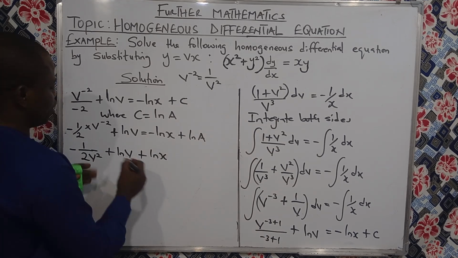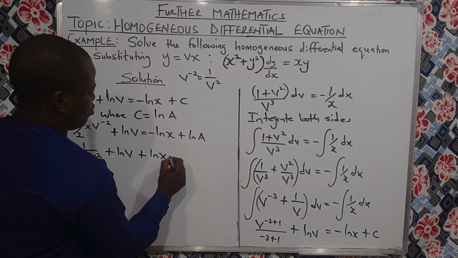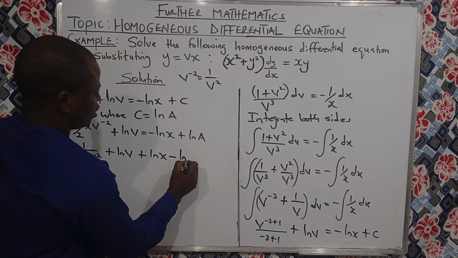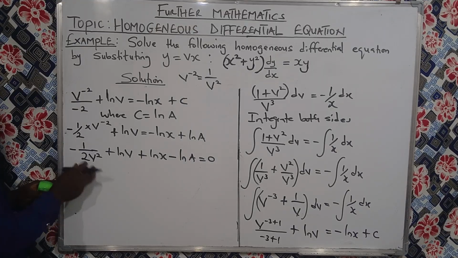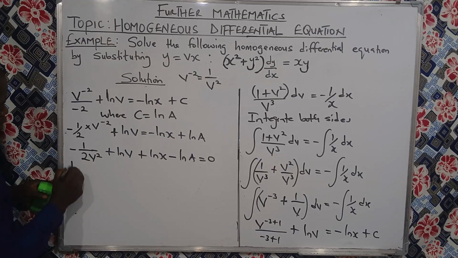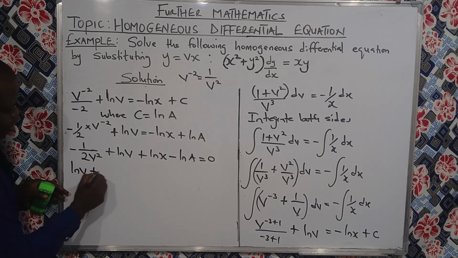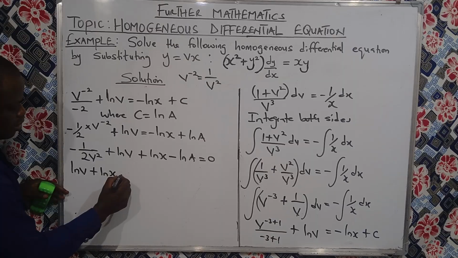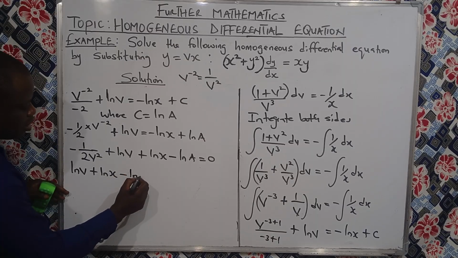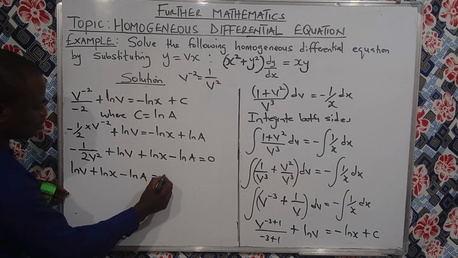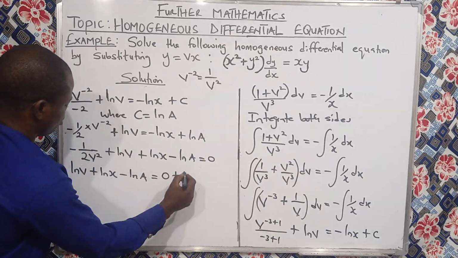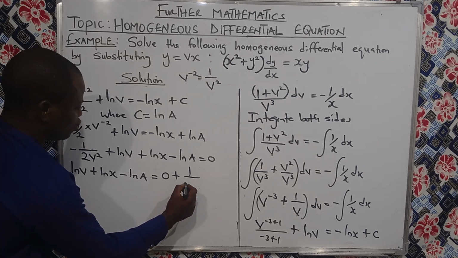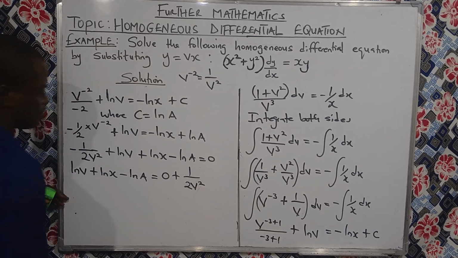We want all the ln to be on one side, minus ln a equals 0. Let's take minus 1 over 2 v squared to the right hand side. We're having ln v plus ln x minus ln a equals 0 plus, turns positive when you cross the equal sign, 0 plus 1 over 2 v squared.